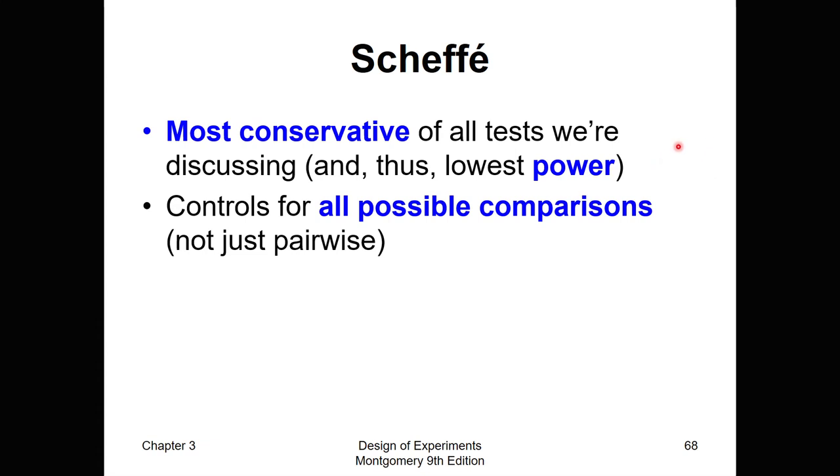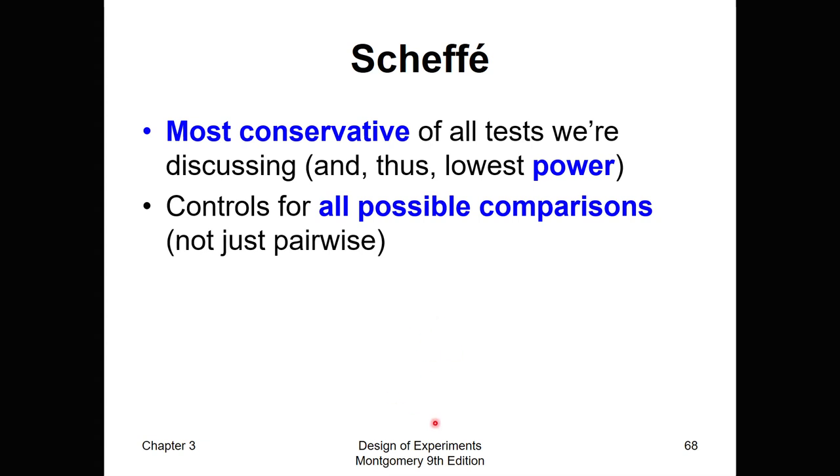Now this controls for all possible comparisons, and by default you may think that's what Tukey did. Tukey controlled for all possible pairwise comparisons, where I compared group 1 to group 2. Scheffé's accounts for all possible comparisons. So let's say somebody wanted to do a combination of group 1, group 3, and group 5 and compare to group 2 and group 4.